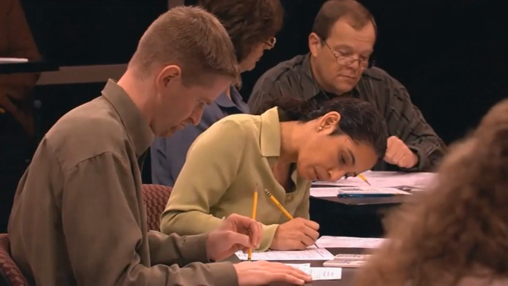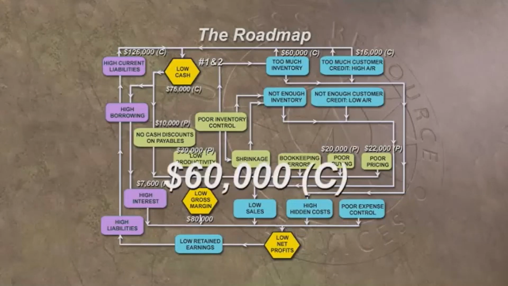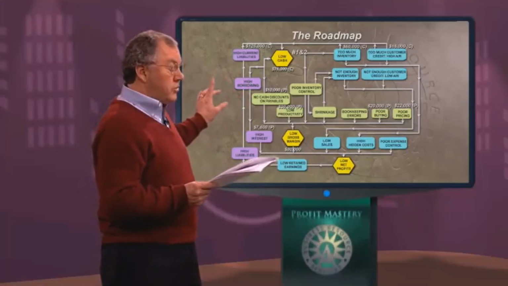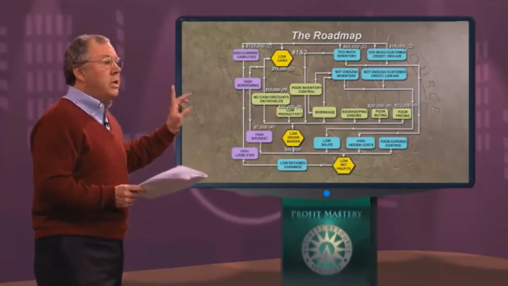Then we looked out of the low cash box. The symptom of low cash is caused by too much inventory, and we said it was 60,000 cash impact, and too much receivables, 16,000. Then going the other way, high current liabilities, the misfinancing of debt, we want to take $126,000, that excess that got pulled out of working capital, and put it down into long term.